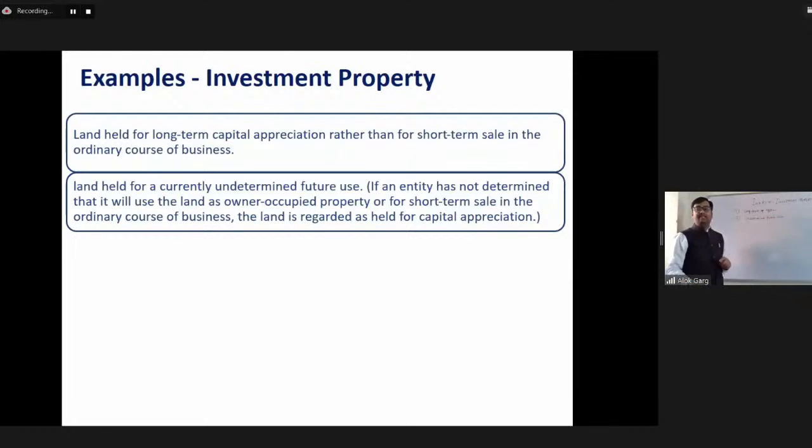So until and unless they are sure about the future use, it will be considered as an investment property. What will happen if, for example, after 2 years, the management decides to use that particular land or building for its business purposes? At that point of time, it will be shifted from investment property to property, plant and equipment.